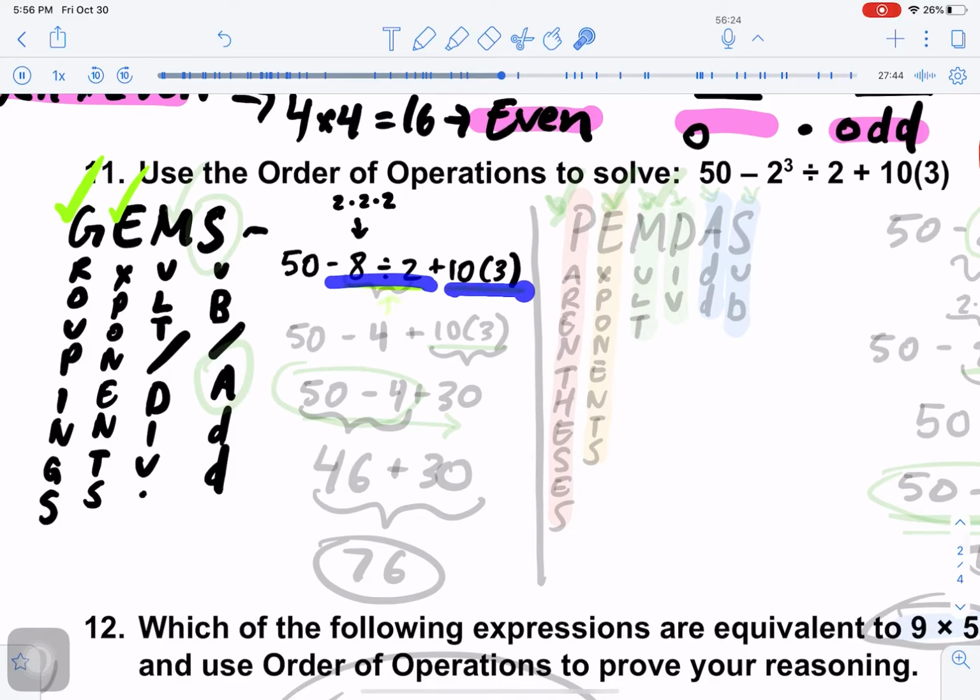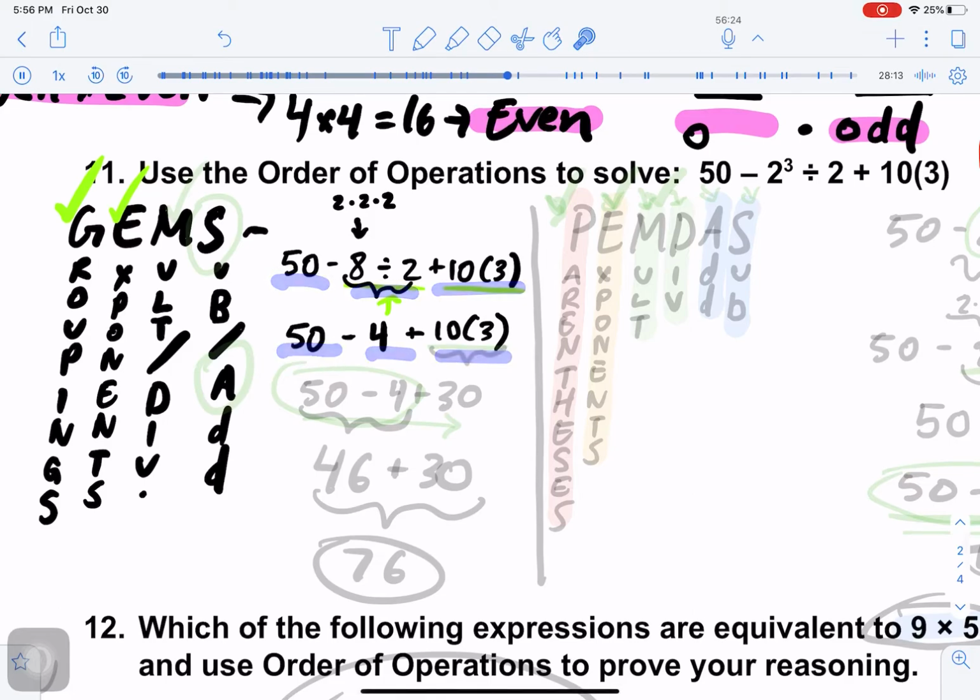Now, because we are working from left to right, we're going to start off with 8 divided by 2, which I know is 4. So I'll write the 4 down below, and I know that the rest of this stays the same. So I rewrite 50 minus that 4 that we got from 8 divided by 2 plus 10 times 3.